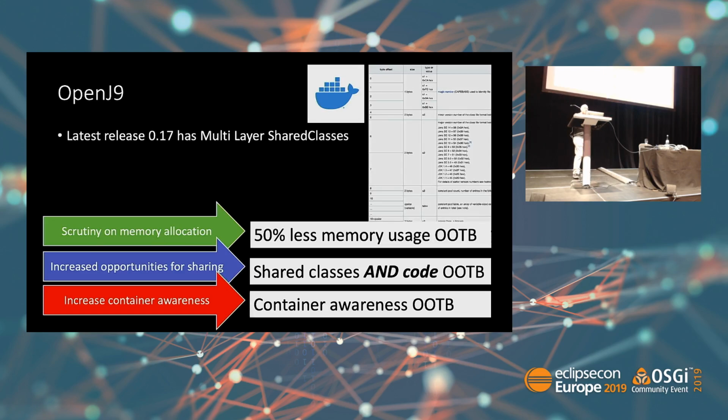J9 also has some memory improvements, which are just there almost historically about giving you literally halving the memory costs. And it really pretty much is just switch and you'll see. And that's because of where it started and what it was designed to do originally. They've always been very, very careful about where memory gets used. So you get that. So that's just out of the box, and container awareness out of the box, etc.